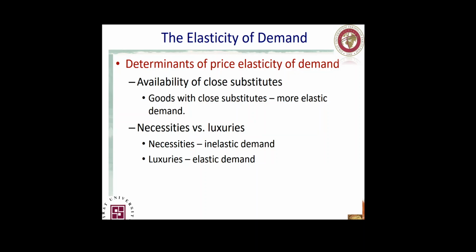So think about any substitute of a good. If we have a variety of substitutes, these goods that do have a variety of substitutes usually have elastic demand. And the goods that do not have substitutes, usually they do not have elastic demand, they have inelastic demand. Now I mentioned tea and coffee.